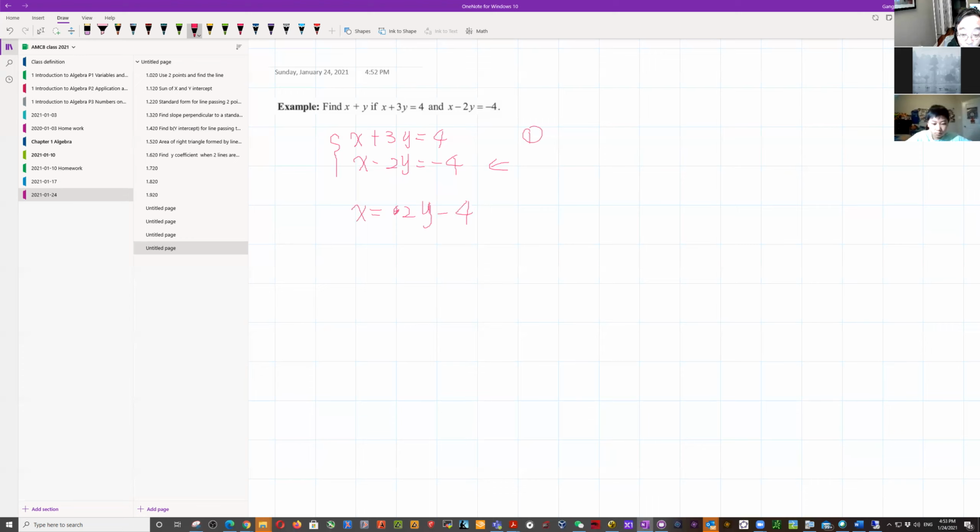So this is 1, this is 2, and from 2 we got this, which is 3. And 3 can be plugged back into 1. So plugging 3 into 1, we get 2y minus 4, the x being replaced by this part, plus 3y equals 4. And here adding together, 5y equals 8, and y equals 8/5.